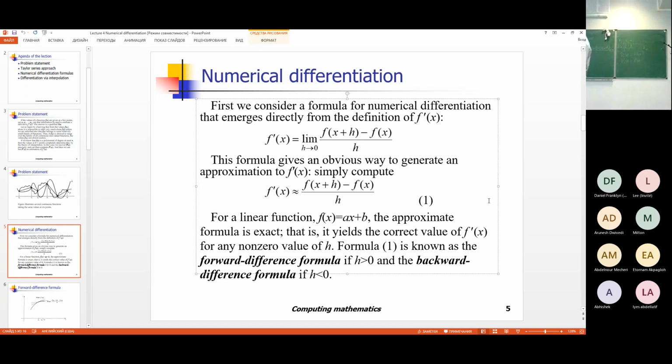When h is positive, this formula is called the forward difference formula, and when h is negative, it is called the backward difference formula.